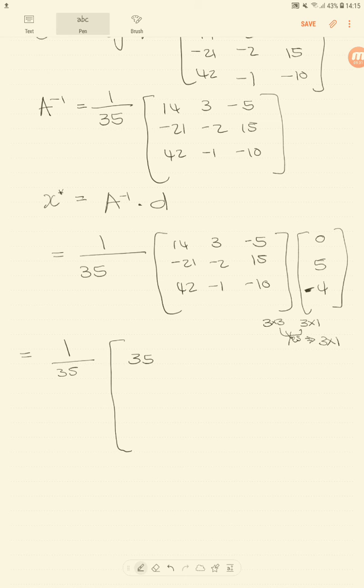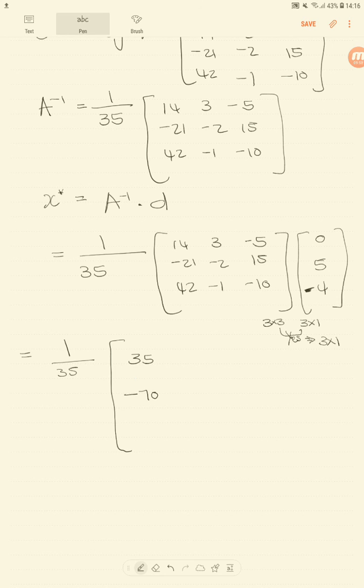Then we take row 2 times column 1: minus 21 times 0 plus minus 2 times 5 plus 15 times minus 4 is minus 70.